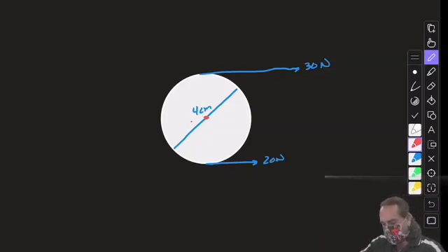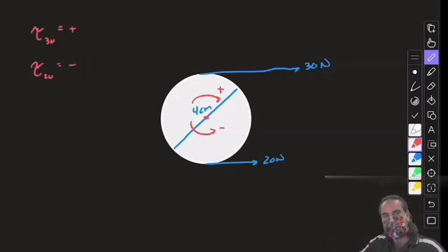But let's just say that this direction is going to be the negative direction and this direction will be the positive direction. That means I have 2 torques, the torque from the 30 Newton force and the torque from the 20 Newton force. And the 20 Newton force is the negative and the 30 Newton force is the positive. They both have the same torque arm length of 0.02 meters.